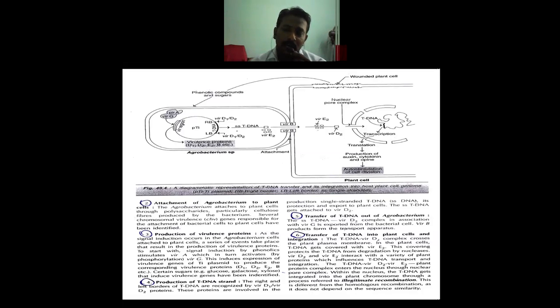These actions take place in the plant genome, and the selected DNA is transferred into the plant cells, and then the plants acquire the foreign DNA's characteristic features.